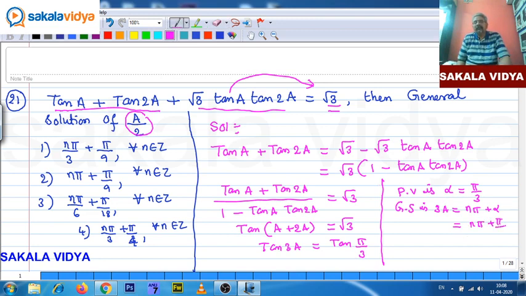But we need to find the A value here, so A equals n pi by 3 plus pi by 9. But we need to find A by 2, so multiply both sides by half. So A by 2 equals n pi by 6 plus pi by 18, n belongs to Z. That means the third option is the right option.